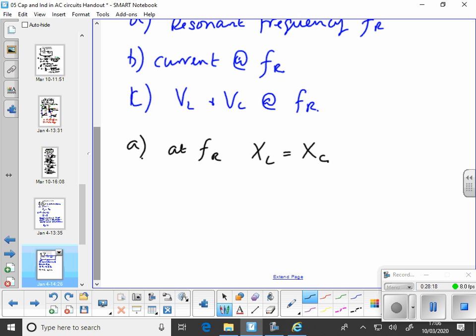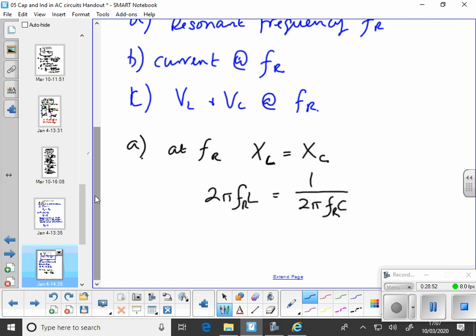How do I calculate X? Everyone agree with that? So it's 2 pi FL, and XC is 1 over 2 pi FC, and that should have a little R in there for resonant frequency FR.